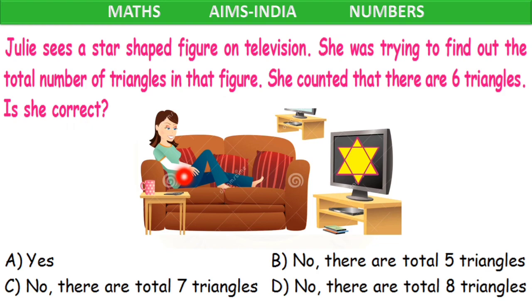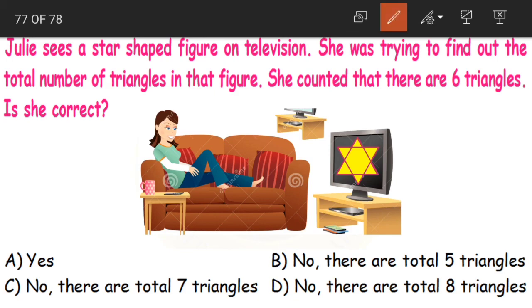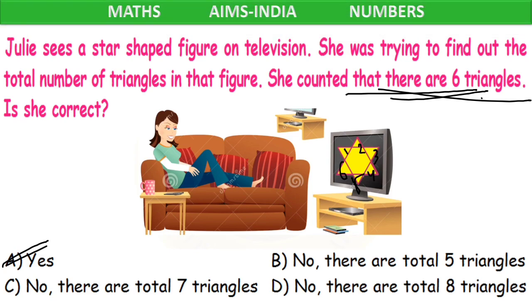So now what are they saying? Julie counted the number of triangles in it and she got the answer that there are 6 triangles. Now we need to find out whether it is true or not. Let us start counting. 1, 2, 3, 4, 5 and 6. How many triangles are there, children? There are 6 triangles. So is she correct? Are there 6 triangles? Yes, option A, yes, will be our correct answer.